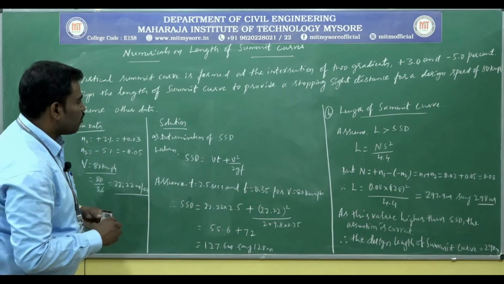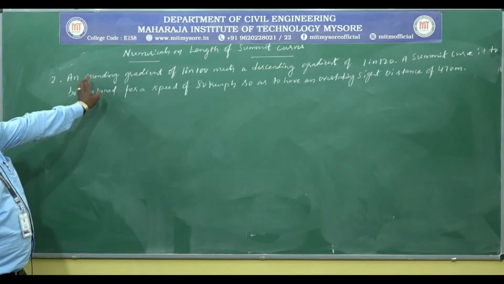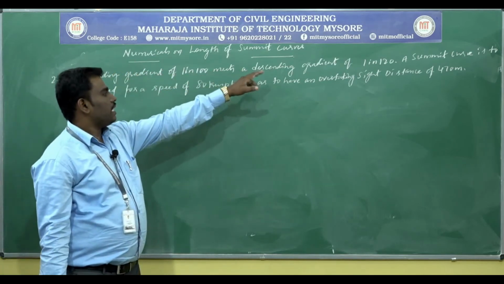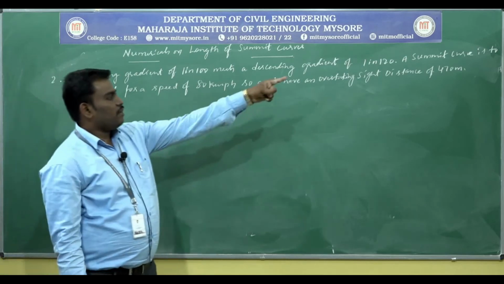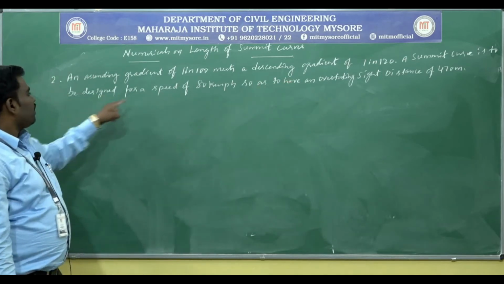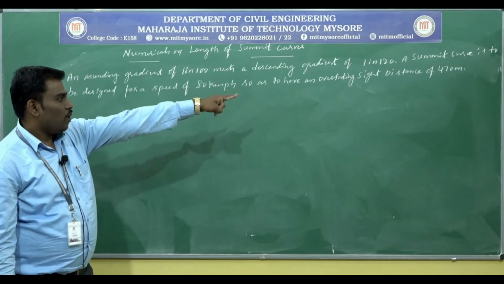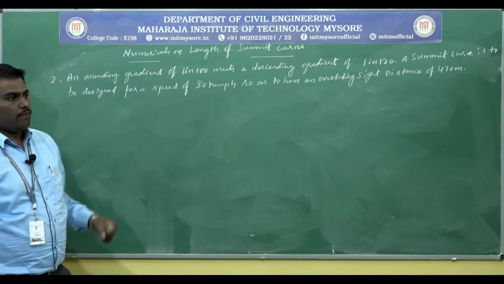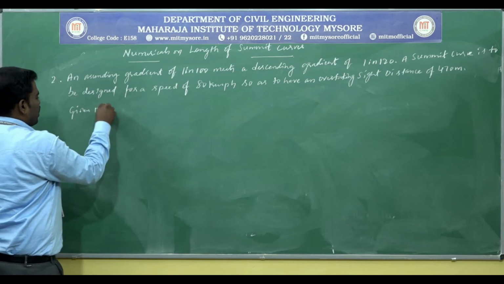Next I will move on to the second problem. An ascending gradient of 1 in 100 meets a descending gradient of 1 in 120. A summit curve is to be designed for a speed of 80 km per hour, so it has to have an overtaking sight distance of 470 meter. First, write down the given data. What are they given?